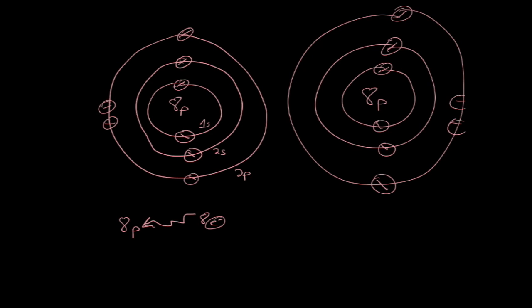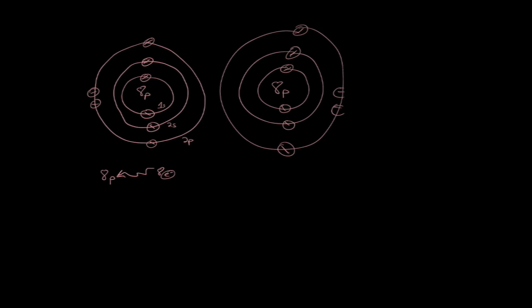But let's look at the outer energy level. These two have 8 pluses, and they're balanced. They're neutral, right? Let's do the math. 8 pluses here, 8 pluses here. Let's count them. 8 positives equals 1, 2, 3, 4, 5, 6, 7, 8 negatives.